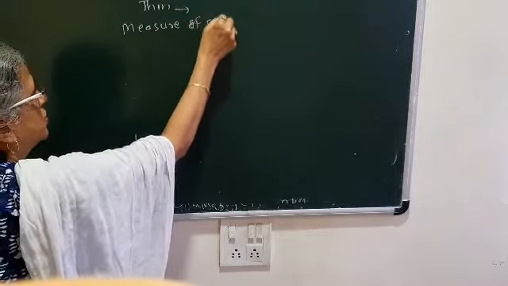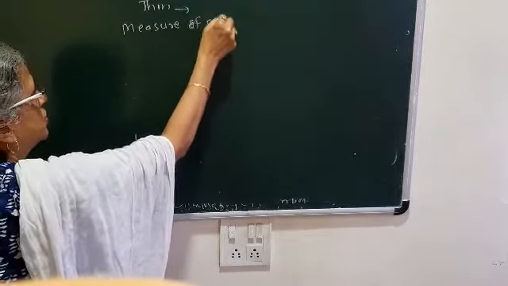Now practice set 3.1. In figure 3.8, angle ACD is an exterior angle of triangle ABC. So here they have shown one triangle ABC, and this is point D. So angle ACD is an exterior angle of triangle ABC. Angle B is 40.